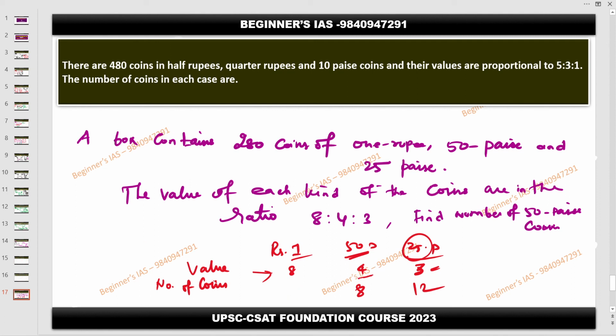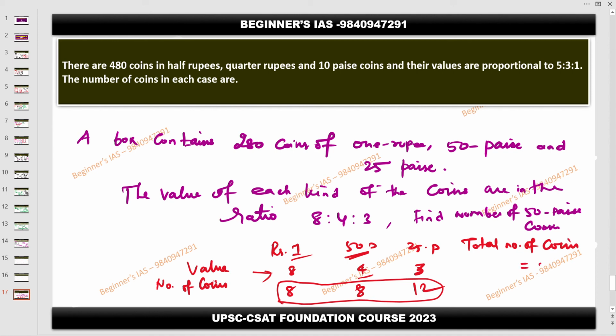After this conversion, what you need to do is find out the total number of coins here. What is the total number of coins? 28. Listen. Since the question is dealing with the number of coins, find this out.